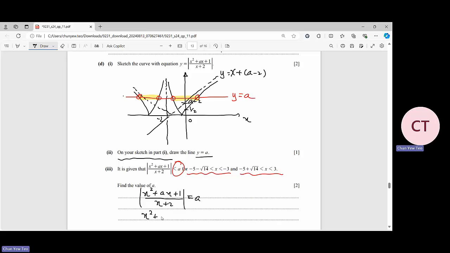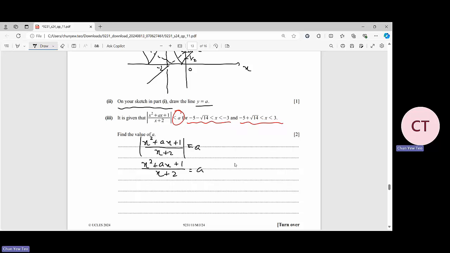Then you take away the modulus. You have a positive a, and another one is a negative a. Over here, you will get x squared plus ax plus 1 equal to ax plus 2a. So x squared is equal to 2a minus 1, and x is equal to plus minus the square root of 2a minus 1.